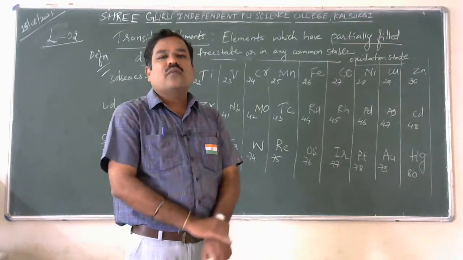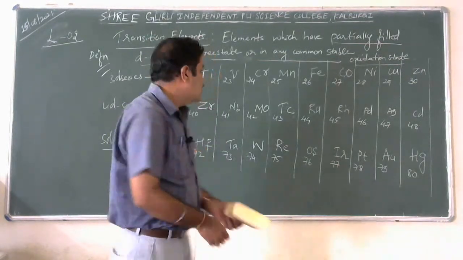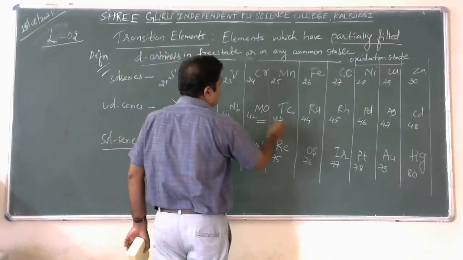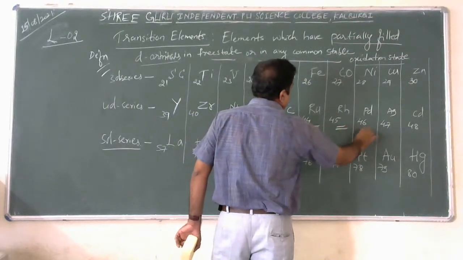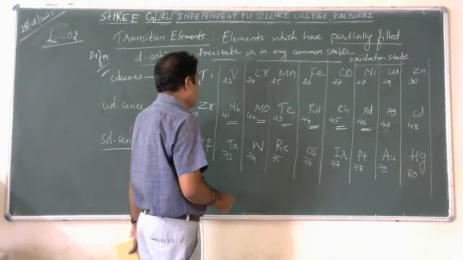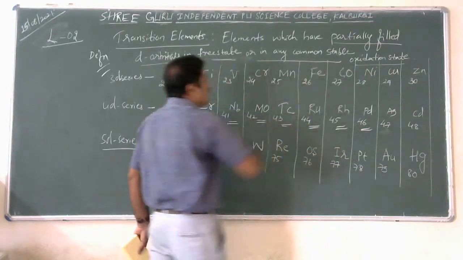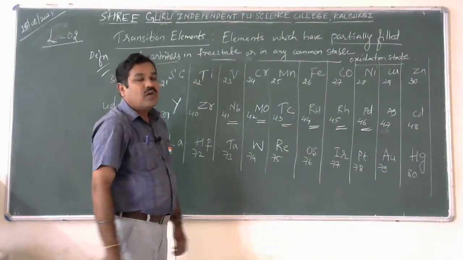Then alloy formation, and they also form interstitial compounds. So especially see niobium, okay, molybdenum, technetium, ruthenium, rhodium, palladium, these have high catalytic property. Even see manganese, iron, cobalt, nickel, they also show very high catalytic property, and also some elements that do not obey Aufbau principle.